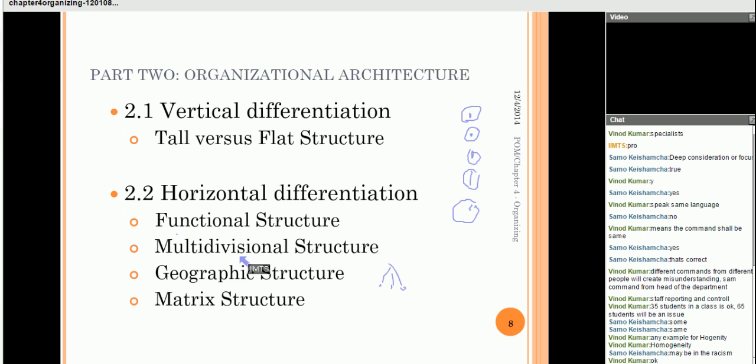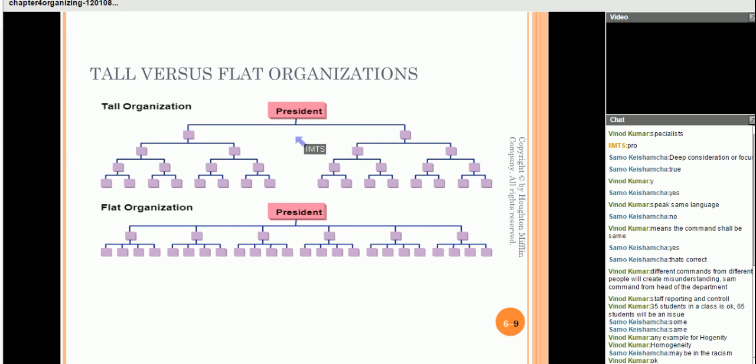There are different divisions doing different kinds of work in the factory. Then geographical, territory-wise: this is the north zone, this is the east zone, the west zone, this way. The matrix structure we'll see in the upcoming slides.